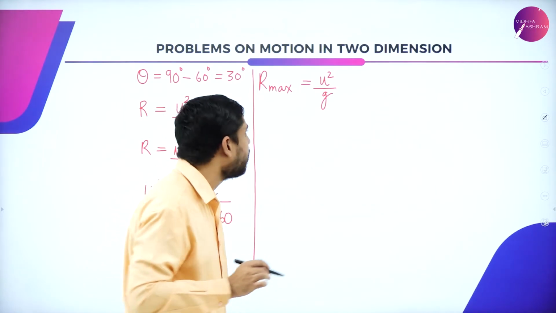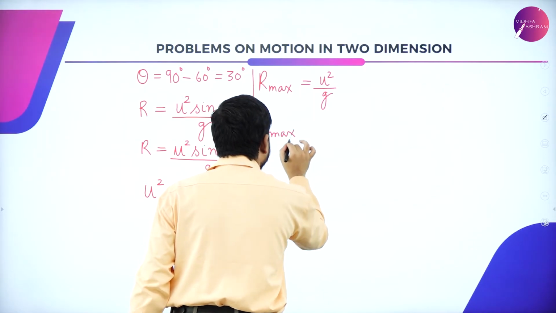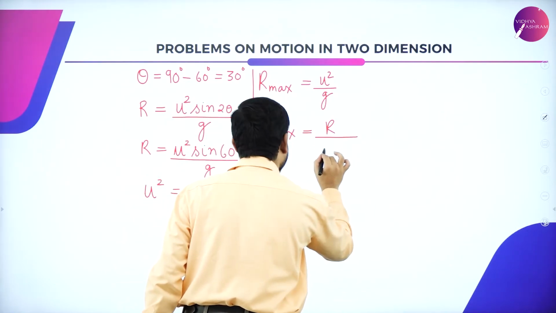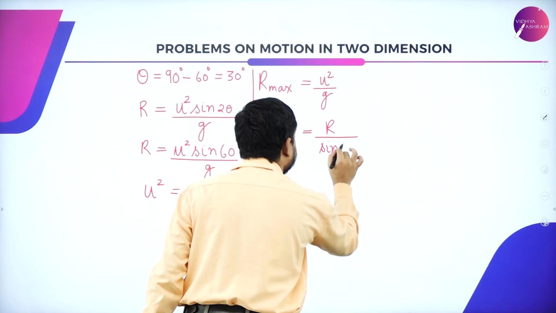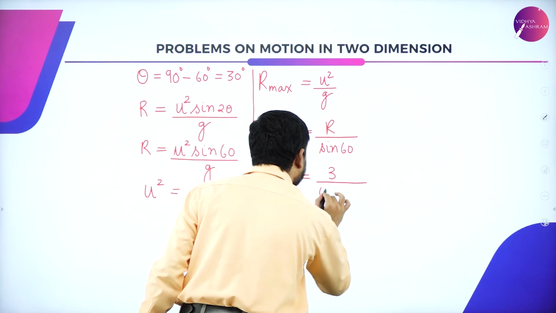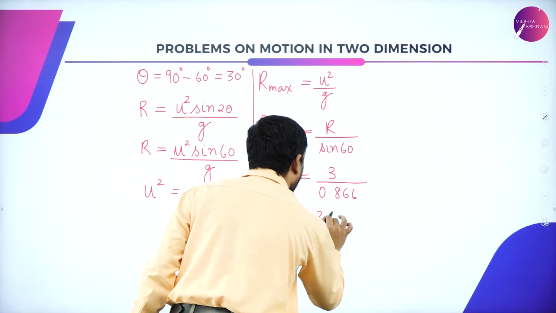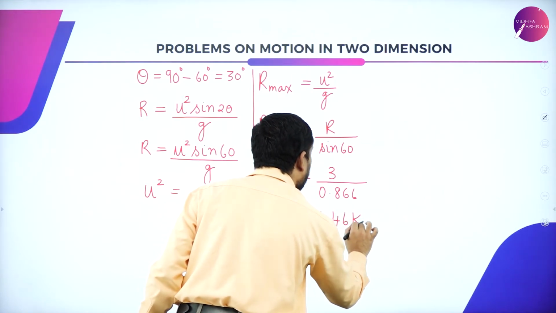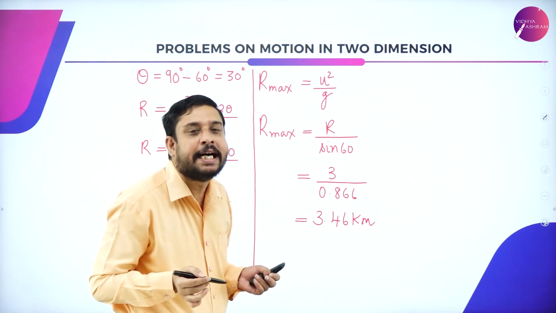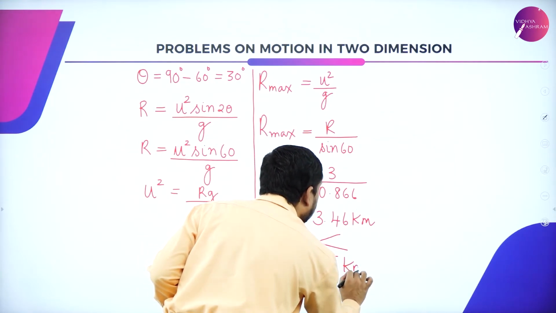Now substituting for u square, so R max is R divided by sin 60, or R is 3 kilometers, 0.866, which is 3.46 kilometer. So now therefore it is very, very clear that this is less than 5 kilometer.